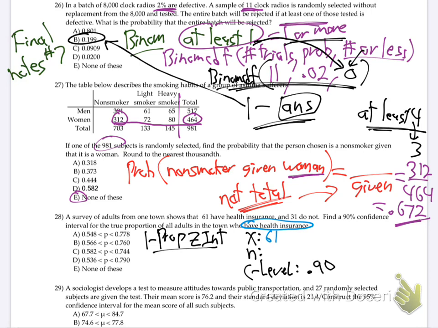Well, then what's the N? 92. You've got to add those together. Remember, N is always the total. 61 and 31 add up to 92. So put that in: 61, 92, C level 0.9, and calculate.